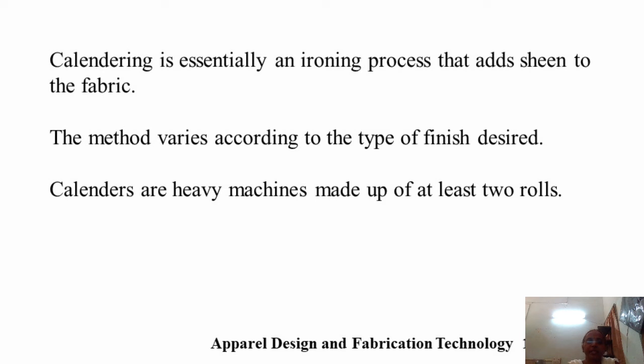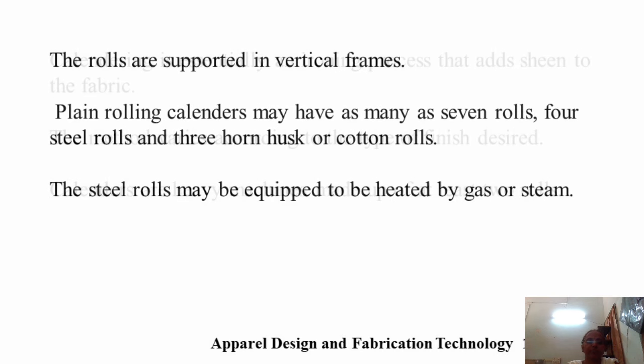Calendering is essentially an ironing process that adds sheen, that is a shining luster effect, to the fabric. The method varies according to the type of finish desired. Calenders are heavy machines made up of at least 2 rolls; minimum 2 rollers are needed for the calendering finishing process.